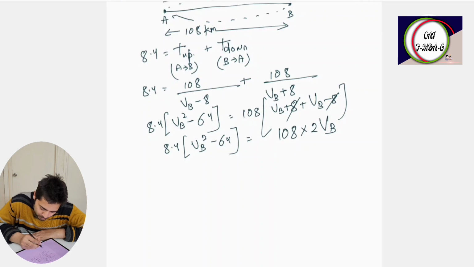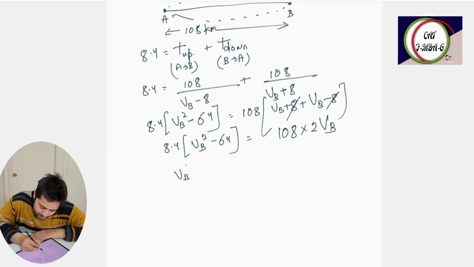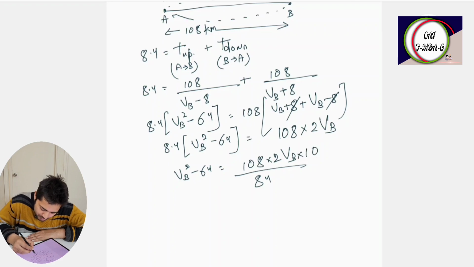Okay, so VB square minus 64 is equal to 108 into 2 VB divided by 84 into 10. So 2 into 48, 224, 25 into 10, 224, 212. So 3 7s, 3 3s, 3 6s 18.